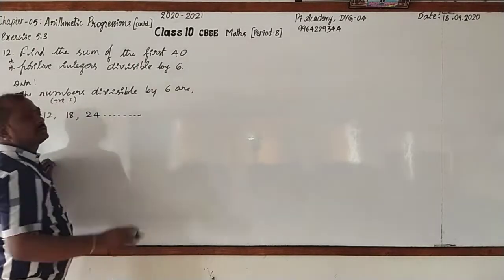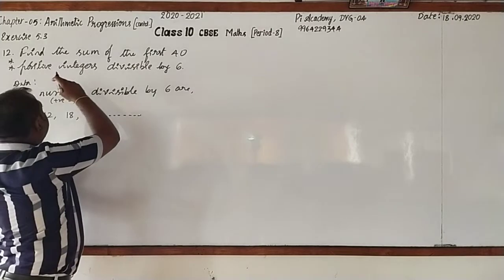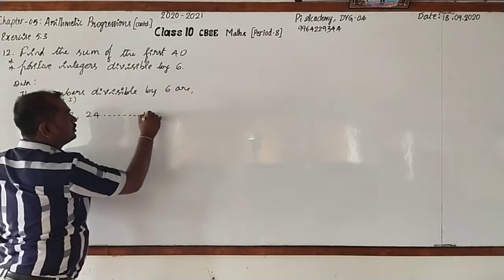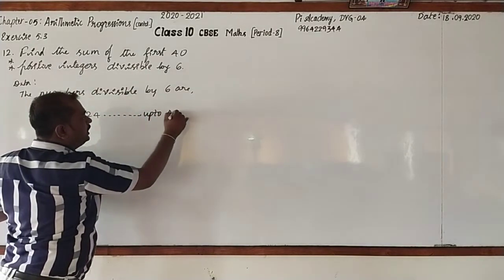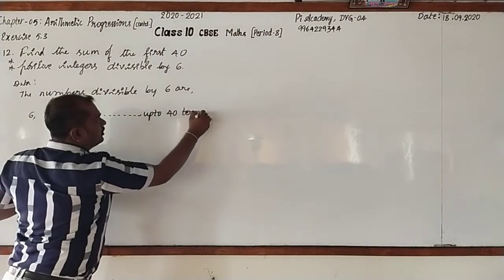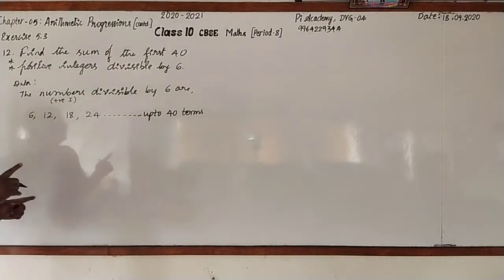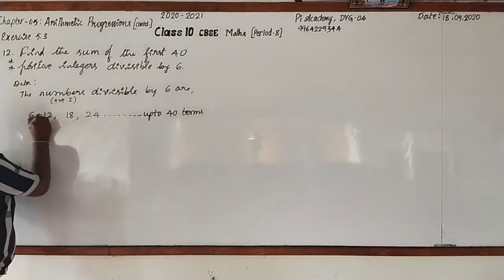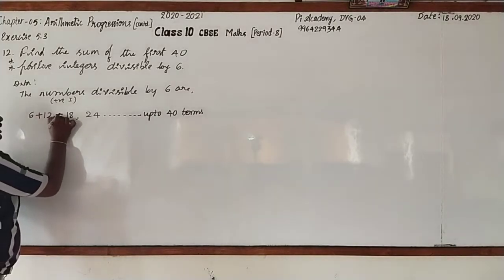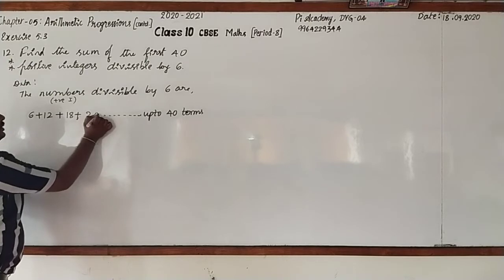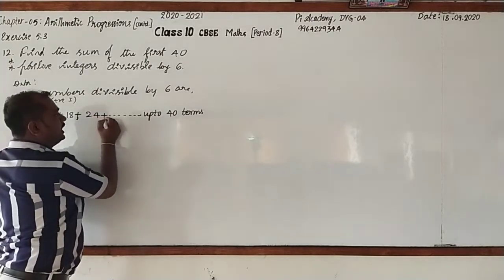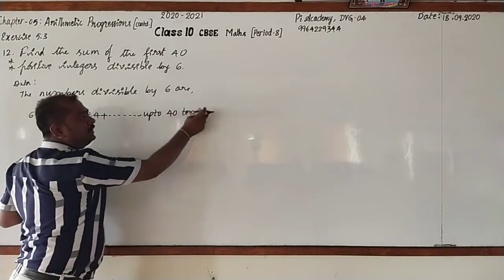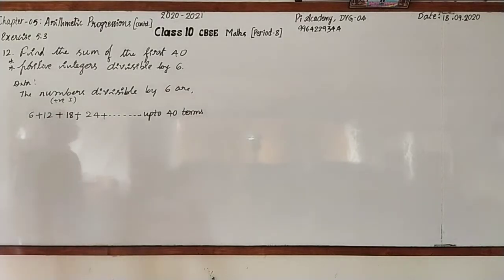How many terms? 40 positive integers. So up to 40 terms. Clear? But here we are going to find their sum. Hence I write 6 plus 12 plus 18 plus 24 plus and so on, up to 40 terms. Understood? Yes. Right.